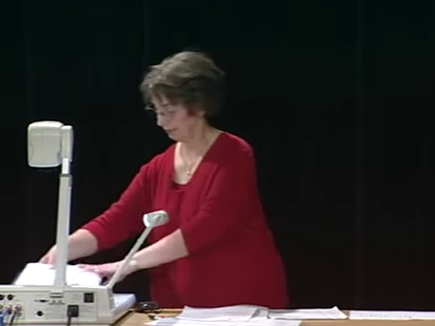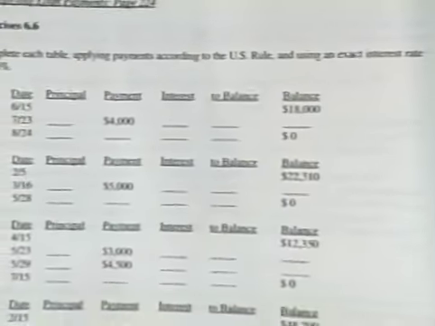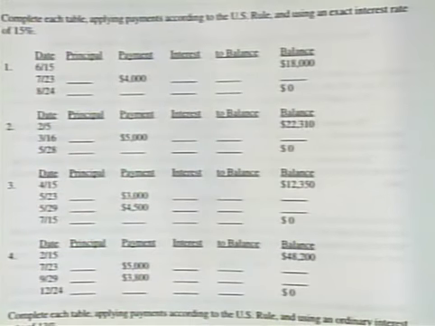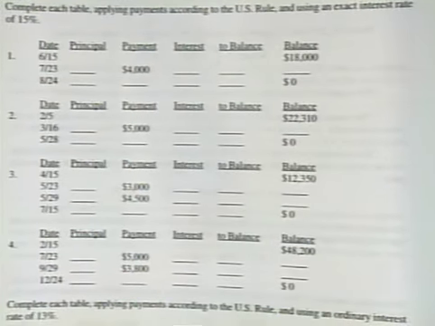It's showing the payments, and you'll just need to make the calculations there. And it says exact, so it's 365. Yes, on this particular one, it says exact. Get that up on here. Just give me a minute, in case somebody doesn't have their book. It says complete each table, applying payments according to the U.S. rule using exact interest.